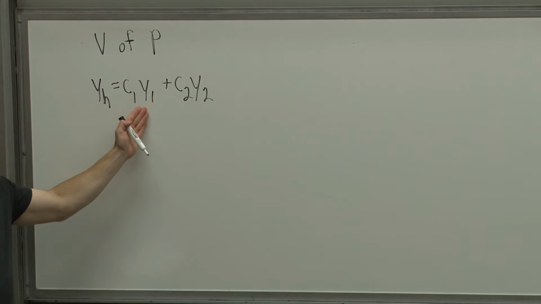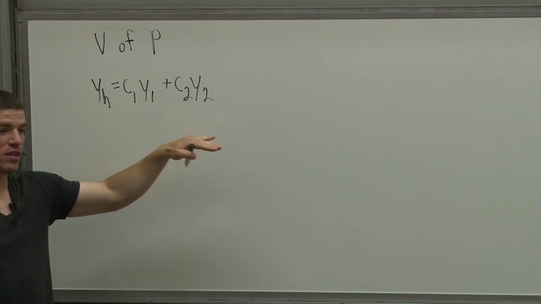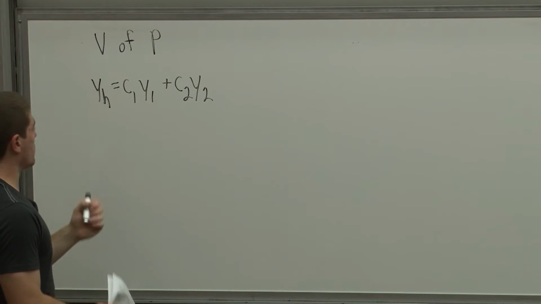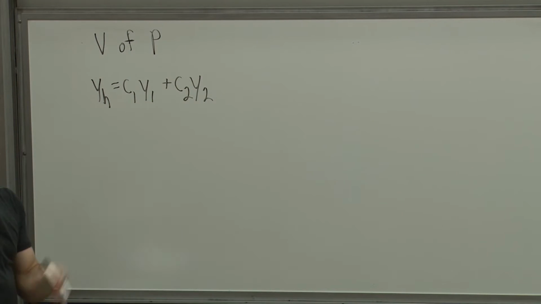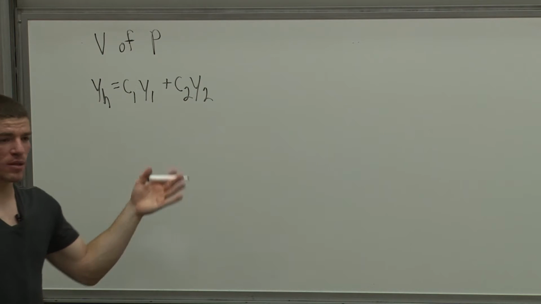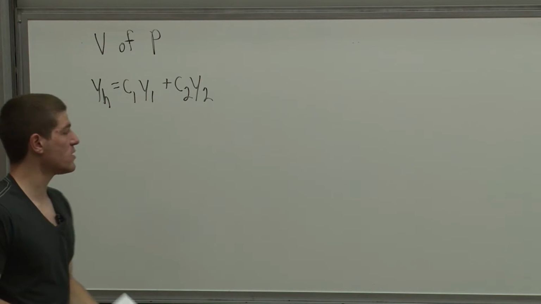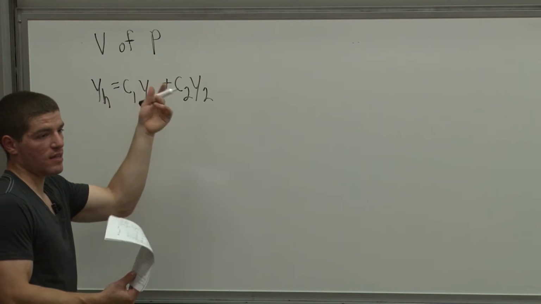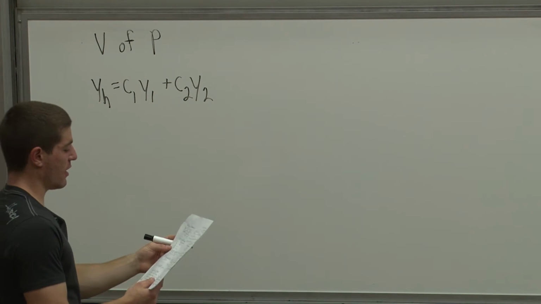So we're going to use these y1 and y2 later to solve the particular solution using the equations I'm going to write soon. So y1, y2 could be e to the x's, cosines, e to the something times cosine if it's complex, or it could be t e to the something if it's identical roots.